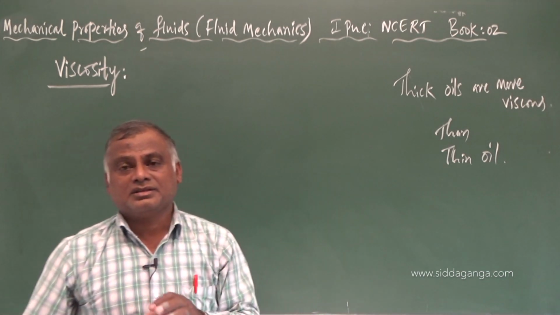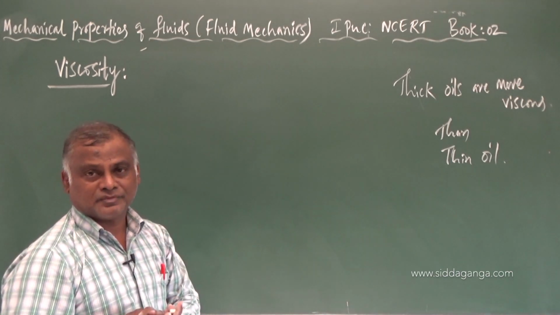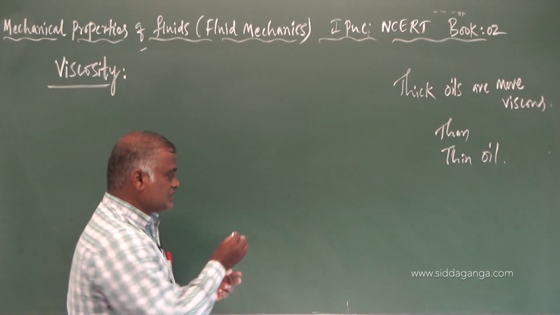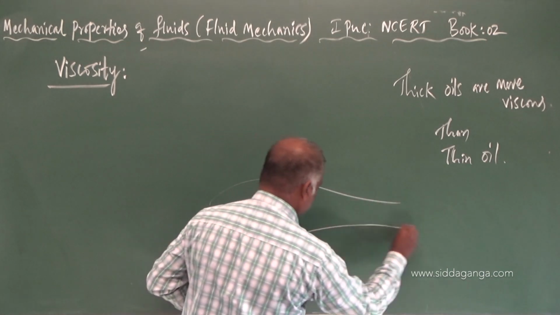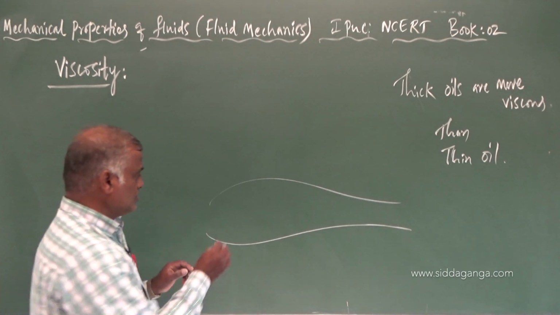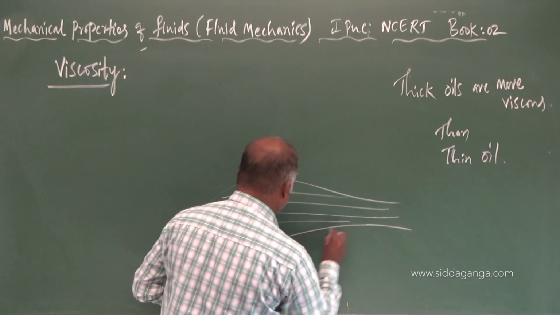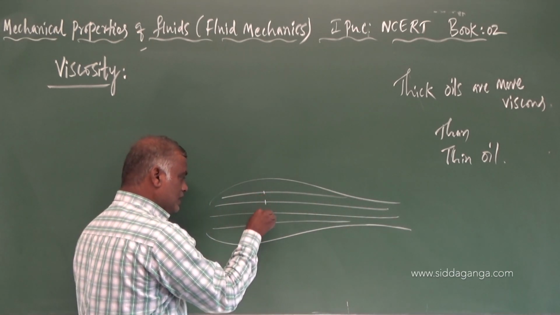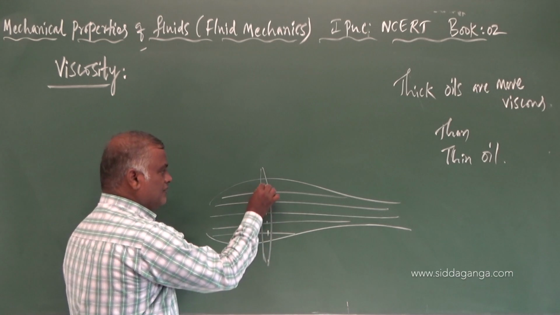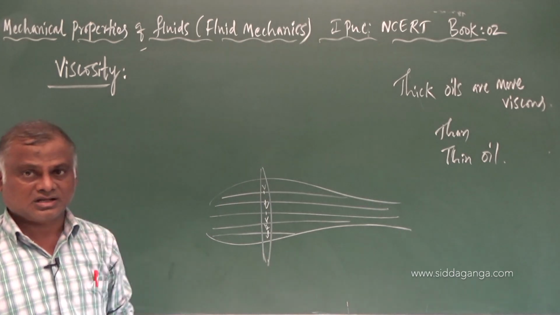So what happens here is, if I take a streamline flow of a fluid, we have studied streamline flow of fluid, let us say there is a container or a pipe through which a fluid flows, such that if you take the velocity of a fluid at all the points at a common area of cross section, the velocity of all the layers which lie in this region should remain constant.